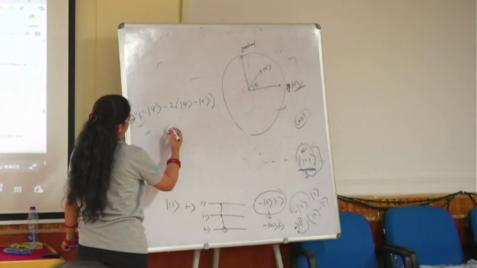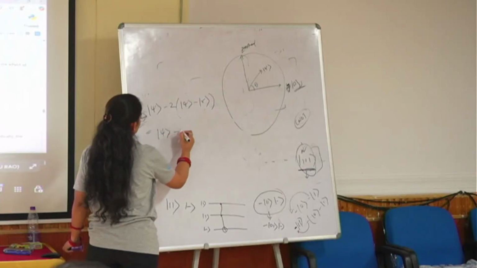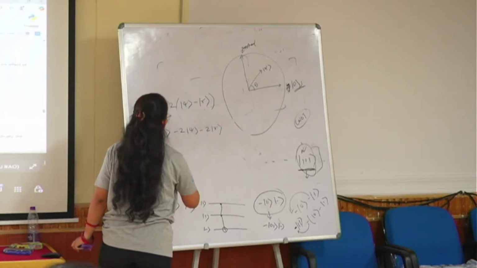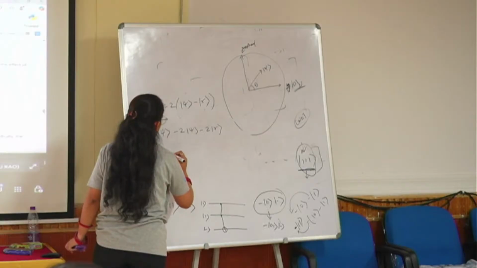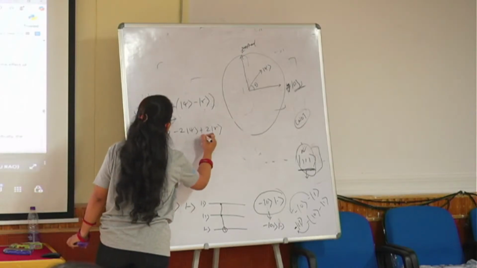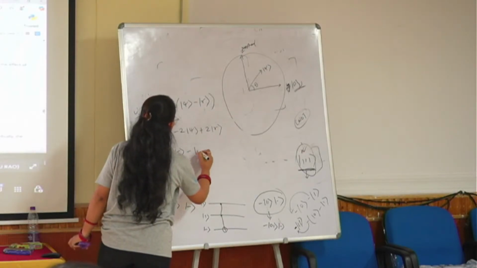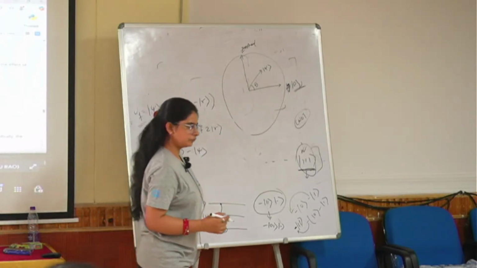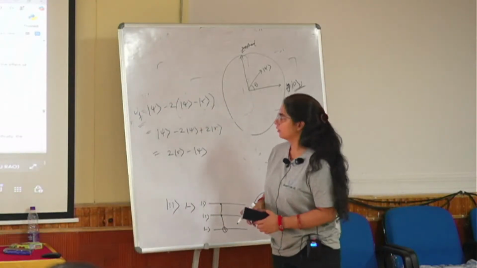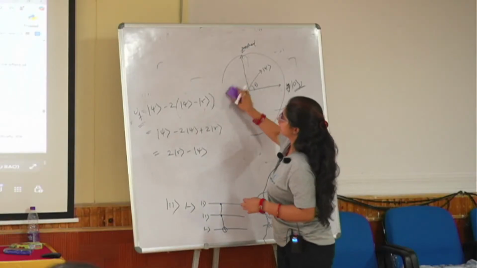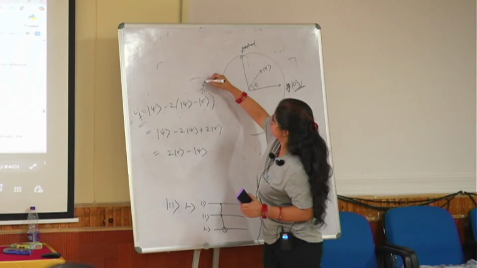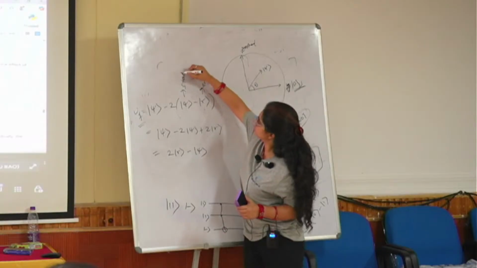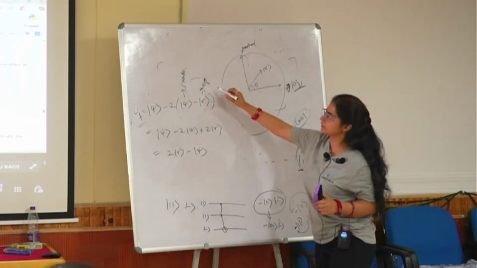Now, if I just solve it, this would be this, simply. Now I told you that this is the average and this is your state.